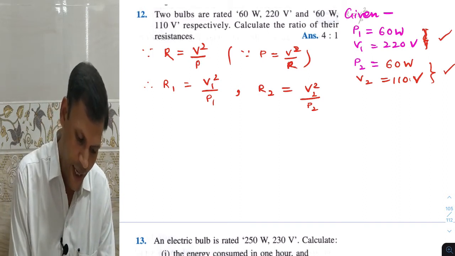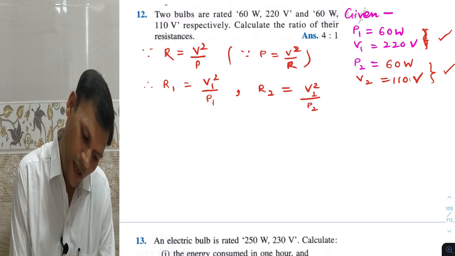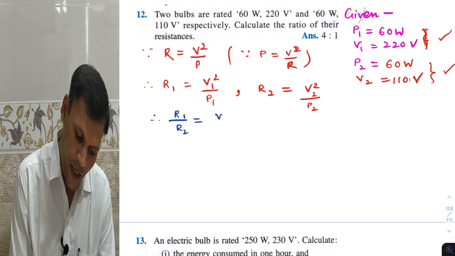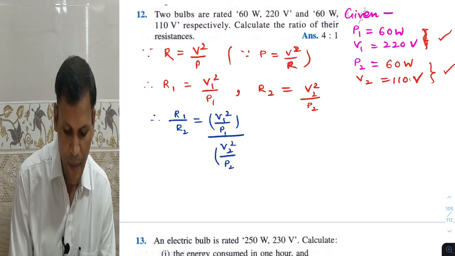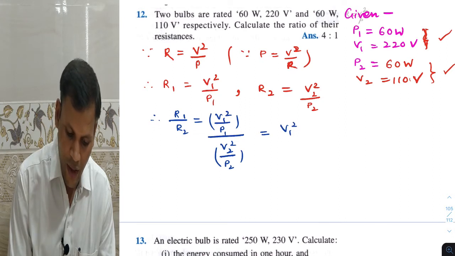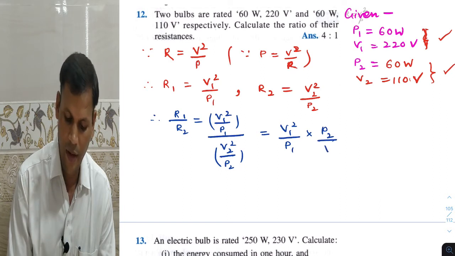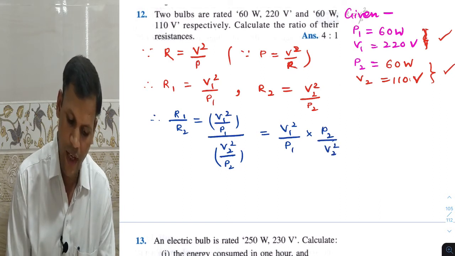Therefore R1 by R2 is V1 square by P1 upon V2 square upon P2. This can be written as V1 square upon P1 into P2 upon V2 square. Now we can substitute all the values.